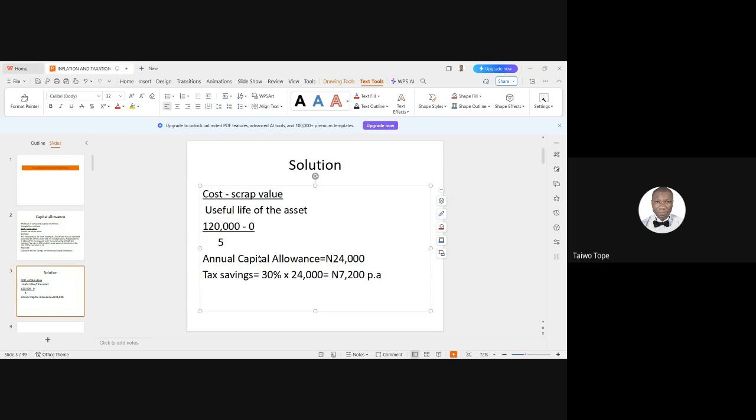You know, we said in our normal accounting, we have the carrying amount. The equivalent of carrying amount in terms of taxation is the tax written down value.